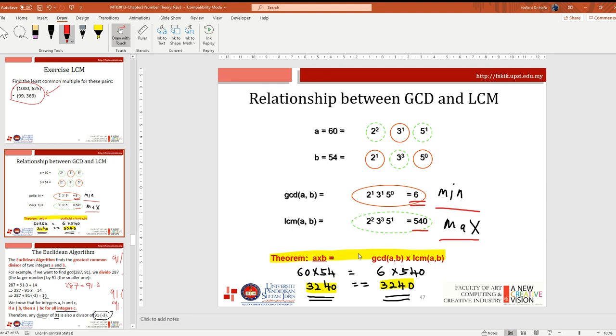The theorem is a multiplied by b is equivalent to GCD(a, b) multiplied by LCM(a, b). Multiplying, we got 3240. This is equivalent to 6 multiplied by 540. We got the same result.